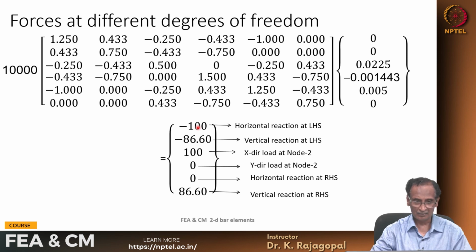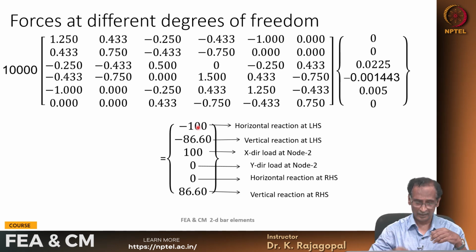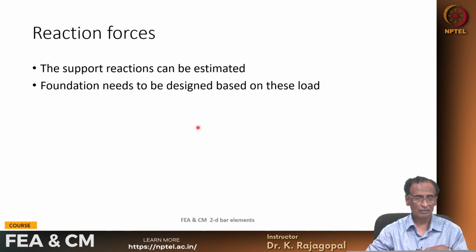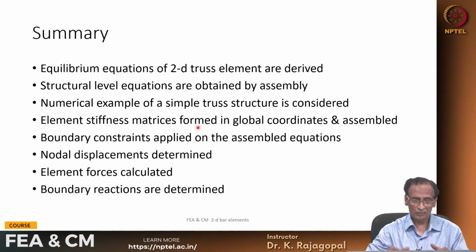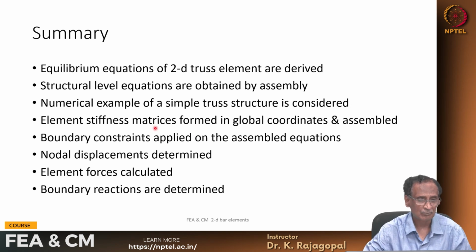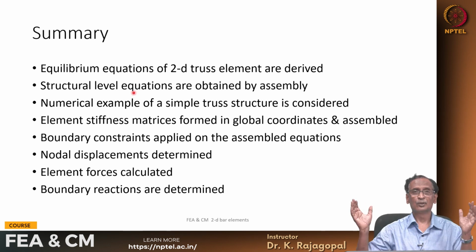So, that completes our analysis, and we got all the required data, displacements, and then the forces, and then the reaction forces, okay. Just to summarize, we have gone through the entire system of calculations for a two-dimensional truss structure, and we have assembled all the element equations at a structural level to form the global equations.